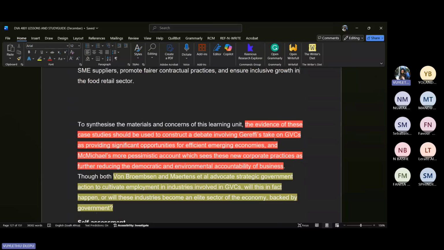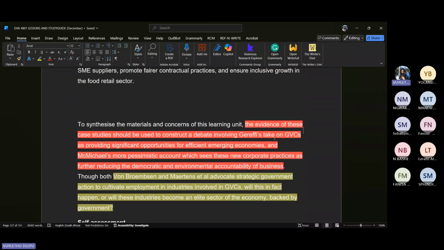McMichael is the person who really critiques GVCs. So if you want to write on this, McMichael is definitely somebody who's going to critique the GVC and how it impacts people's social well-being and SMEs, etc.